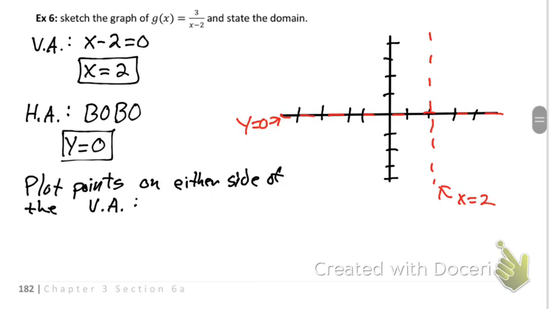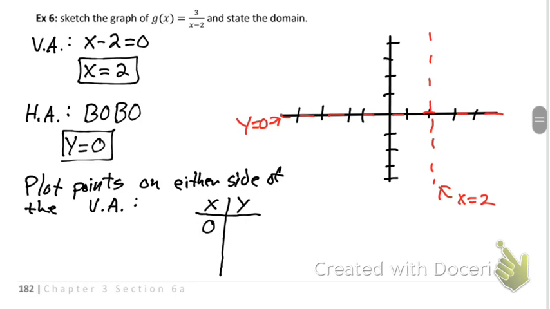So I'm just going to make an XY coordinate system because we can actually plug these in our calculators or figure them out on our own. We have X, Y. I'm going to go ahead and pick my first point to the left because if I can, I always pick 0. If 0 is to the left or right of it, as long as it's not on my vertical asymptote, I'm just going to pick 0. It's the easiest one to plug in. So let's let our X equal 0.